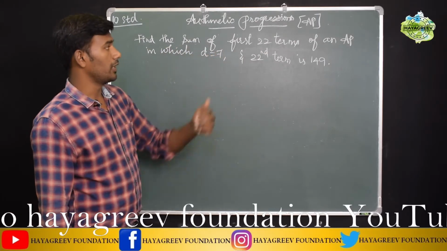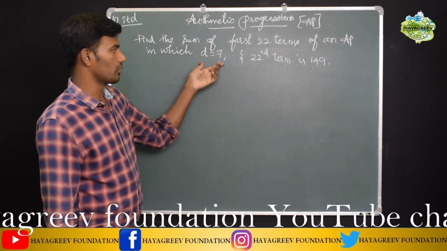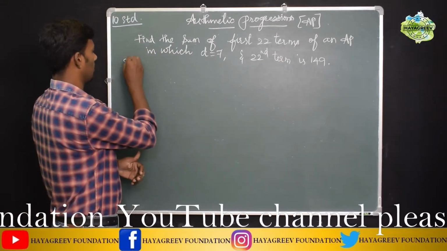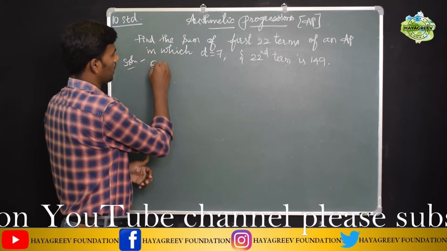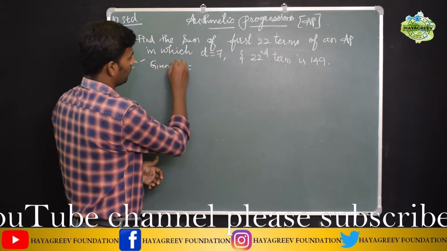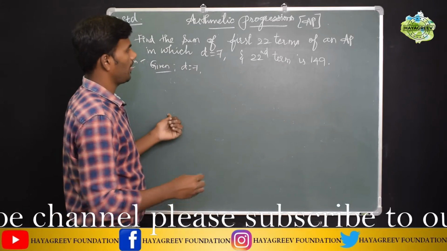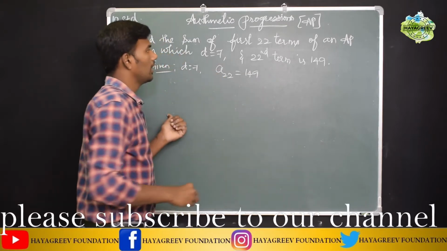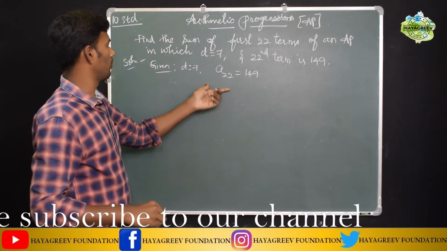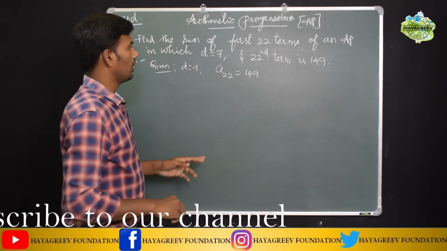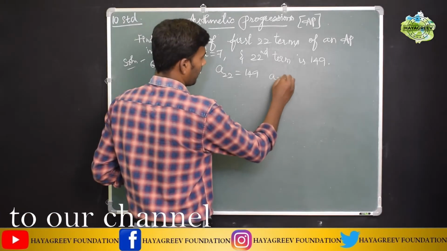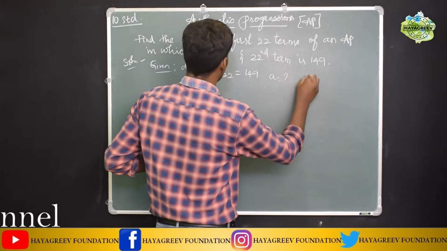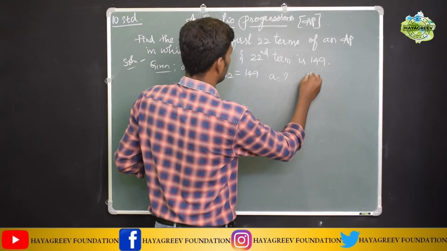Find the sum of first 22 terms of an AP in which d is equal to 7 and the 22nd term is 149. So let us write what is given first. Given d is equal to 7, 22nd term means a22 is equal to 149. We have to find a, because they didn't mention it anywhere, and then we have to find the sum of first 22 terms.